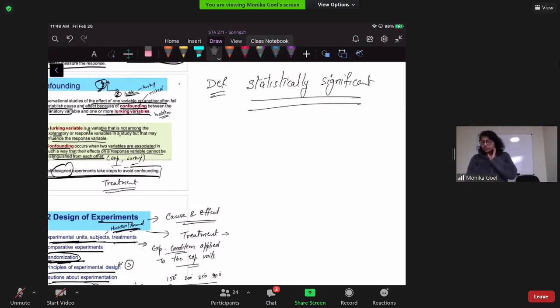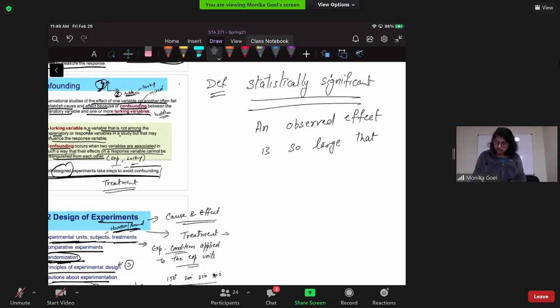What does statistical significance mean? When we are saying statistically significant, again, it is something related to statistical evidence. It says that an observed effect is so large that it would rarely occur by chance.